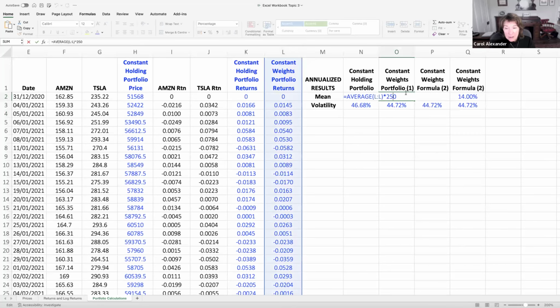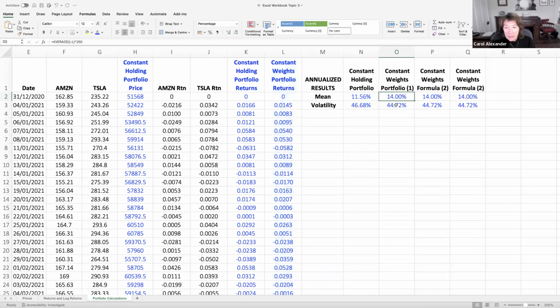That is the average. And remember, when we scale the daily returns to an annualized form, we don't use the square root. We multiply by 250, not the square root of 250, as explained in the slides. Okay, so you can see these are quite different, right?